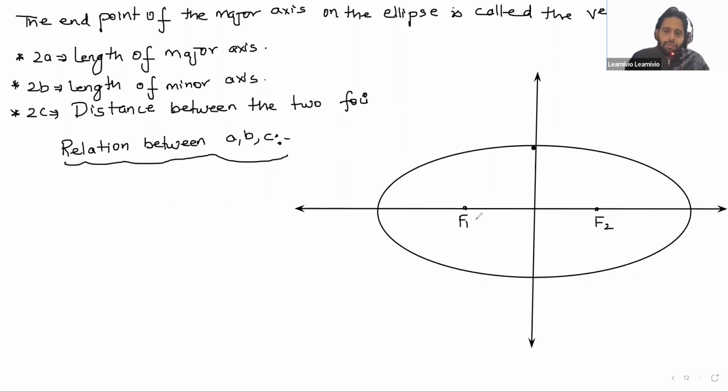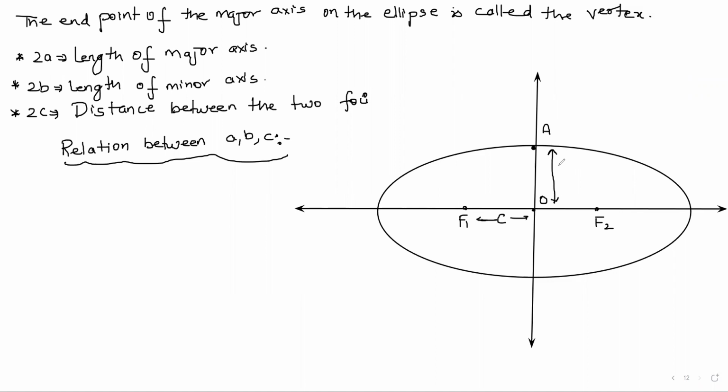Krishna, can you tell me what is this distance? Can we say this is C? Yes, sir. Okay, 2C is what? Distance between the two foci. So this is C. Now what is this, Krishna?